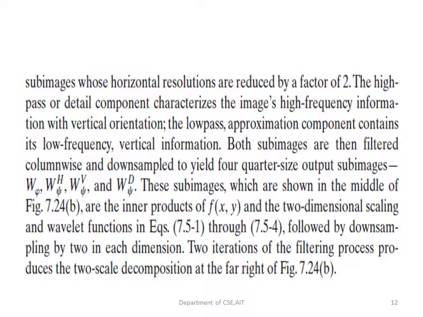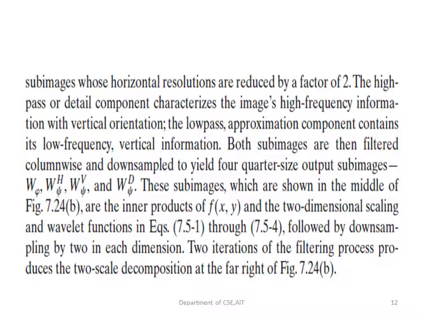The high pass or the detailed component characterizes the image's high frequency information with the vertical orientation. The low pass approximation component consists of low frequency vertical information. Both the sub-images will be filtered column wise and downsampled to get the 4 quarter size output sub-images.